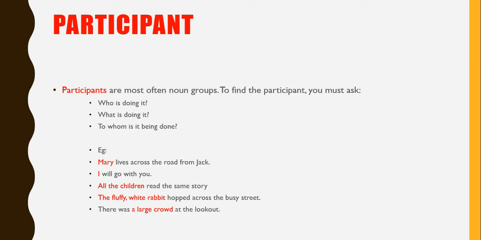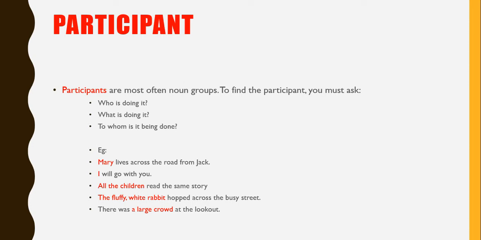Now, you might see that in some sentences there are more than just one word identified. Participants are read, and you can see that with Mary and I, that is just one word. But all the children are the participant of that sentence.